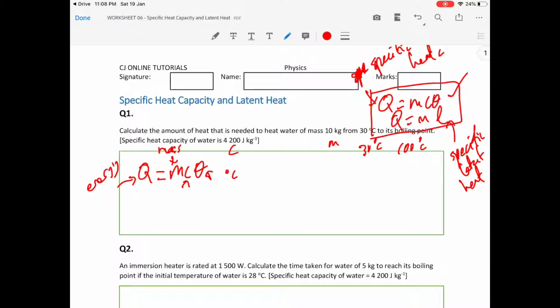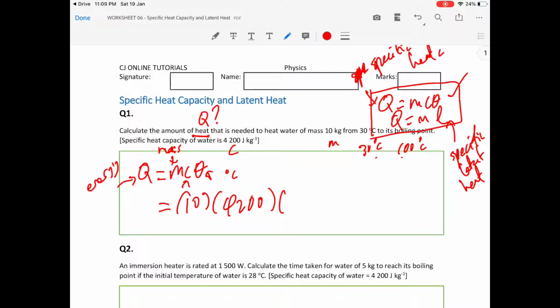After I plug in everything, I need to find the amount of heat energy, that means Q. So very simple. Mass 10 kilograms of water, that's a lot of water, and c is 4,200 joules per kilogram per Celsius. And theta, this is the one that a lot of you get wrong, you're not sure which one to minus. Is it 30 minus 100 or 100 minus 30? Always remember, take the bigger one minus the smaller one.